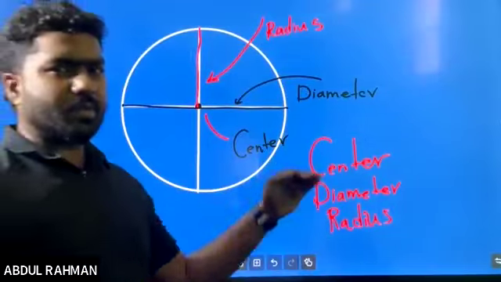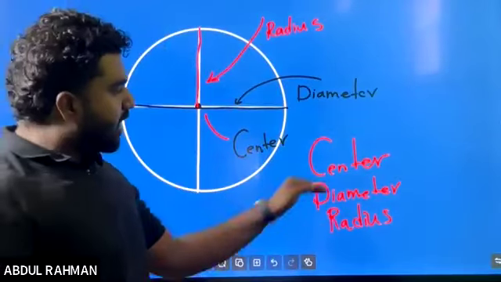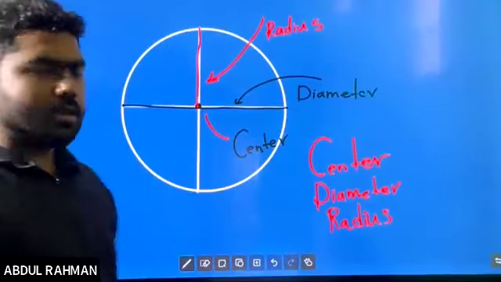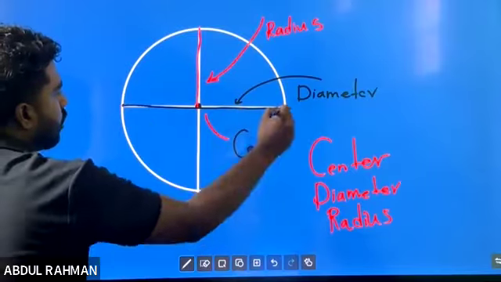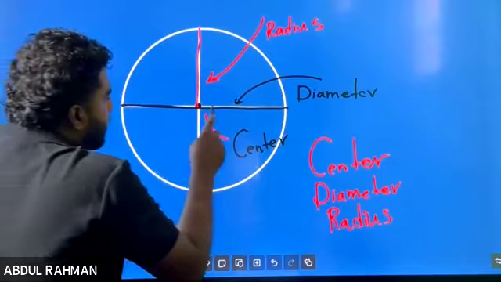Center is something very common. We know what the center of the circle is. But when it comes to radius and diameter, there is a relationship between them. What is that relationship? I call this whole portion here the diameter.